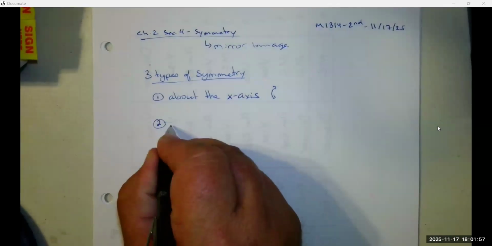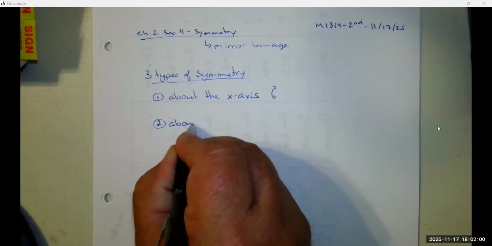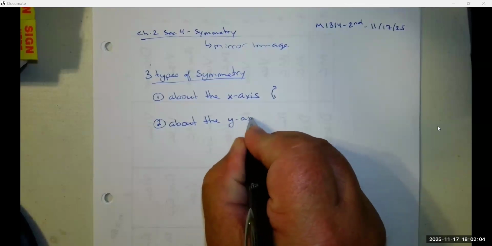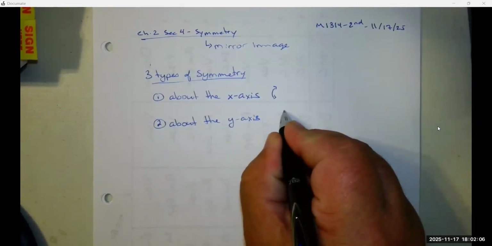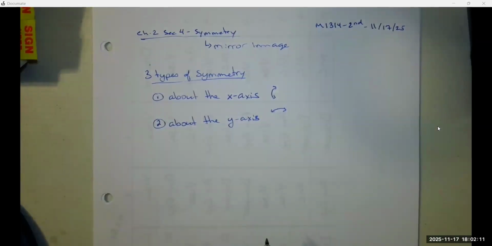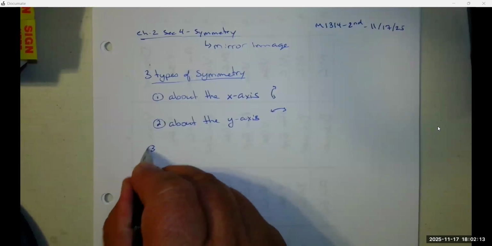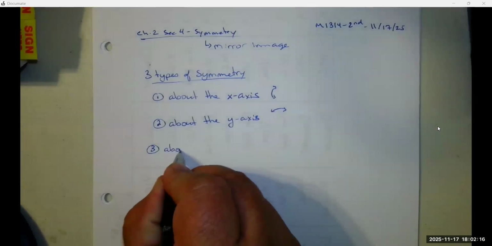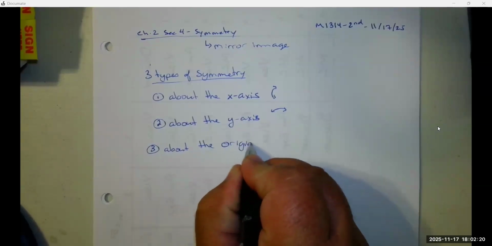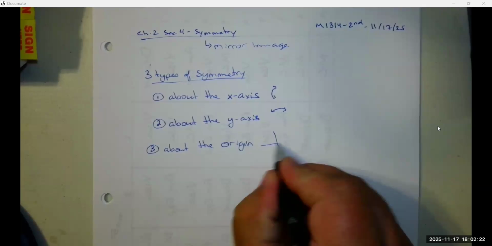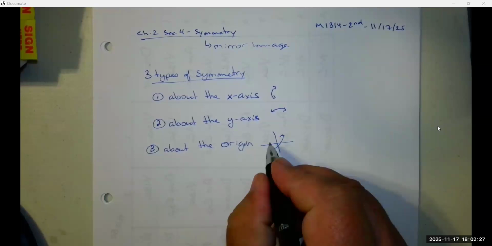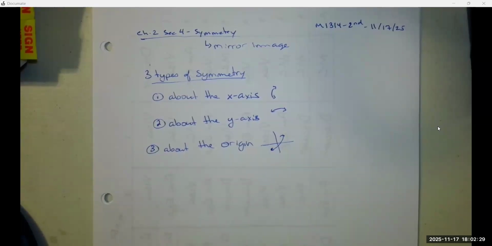The next one is symmetry about the y-axis. That's a horizontal transformation or symmetric. And then the third one is about the origin. So that's like, for example, from the first to the third quadrant or from the second to the fourth quadrant.